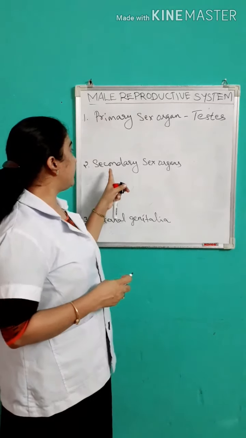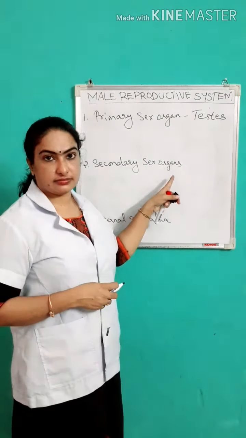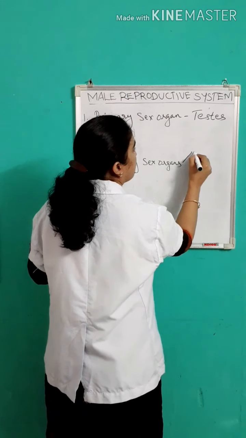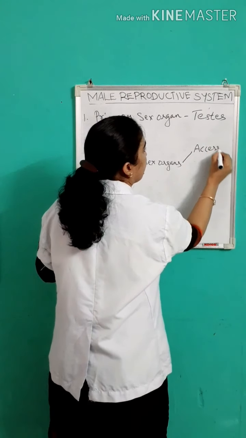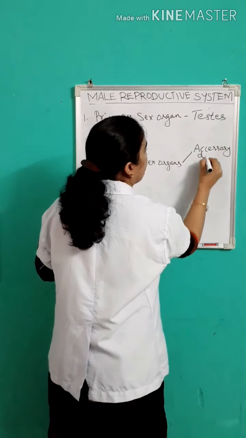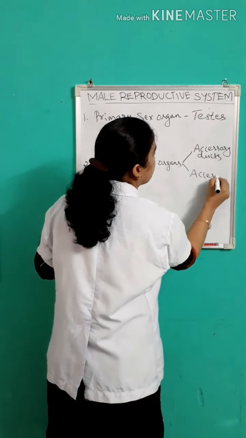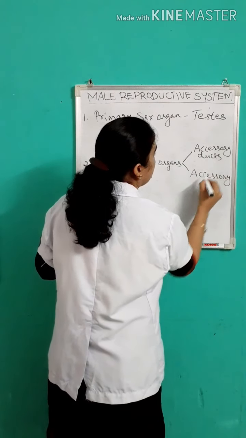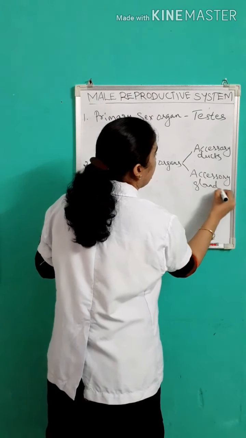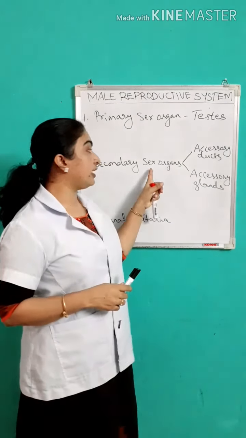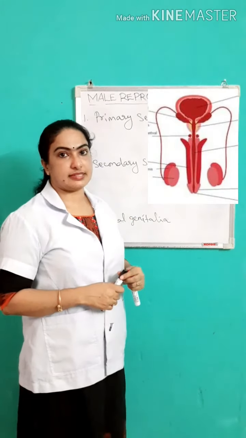And now we can see what a secondary sex organ is. The secondary sex organs are of two types. They are accessory ducts and accessory glands. These are the secondary sex organs, also known as accessory organs.